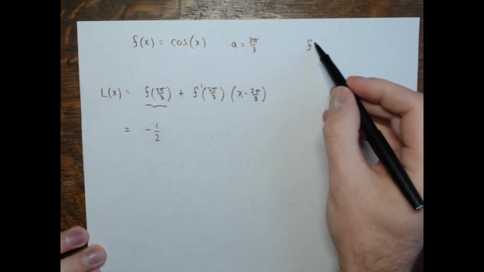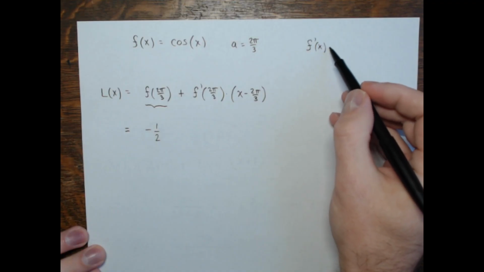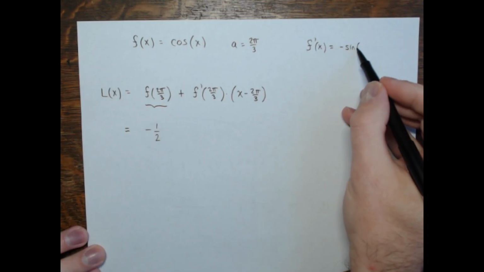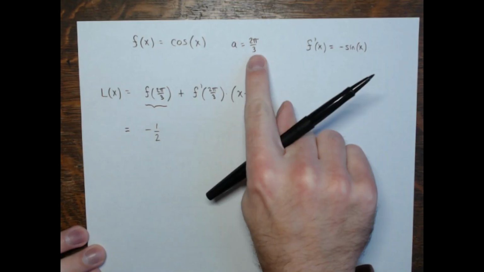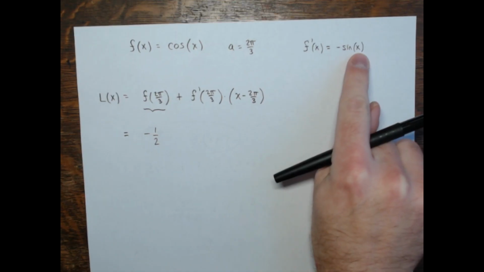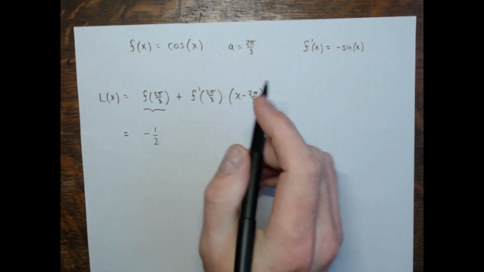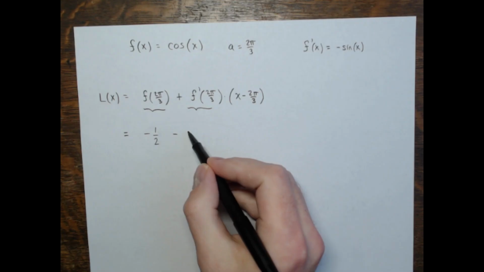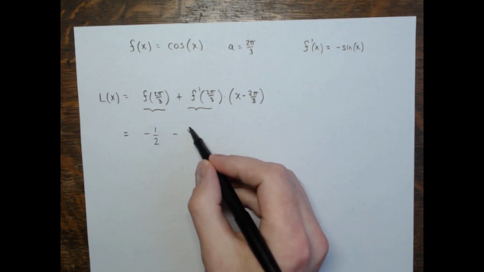And then the derivative, remember f prime, the derivative of cosine of x is negative sine of x. And sine of 2 pi over 3 was positive root 3 over 2, but you have the negative in front. So our derivative at 2 pi over 3 is negative root 3 over 2.